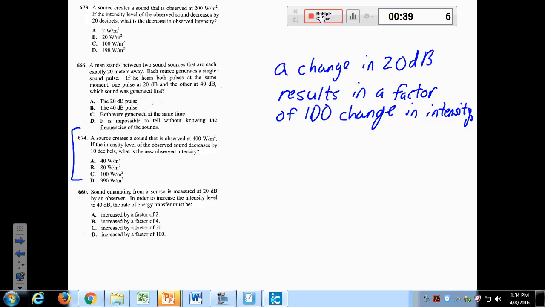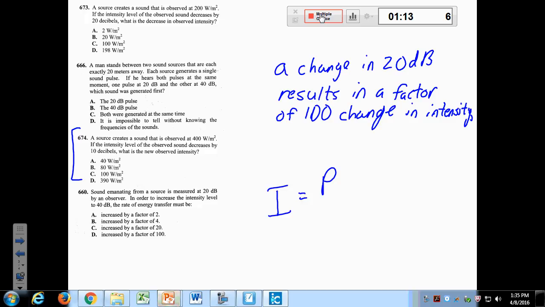If I'm going from 20 to 40 in my sound level, that's the decibels, what is my change? 40 minus 20 is 20. When I have a change in sound level of 20 decibels, by what factor does that change the intensity? 100, right? So what does that have to do with the rate of energy transfer then? How is the rate of energy transfer going to change?